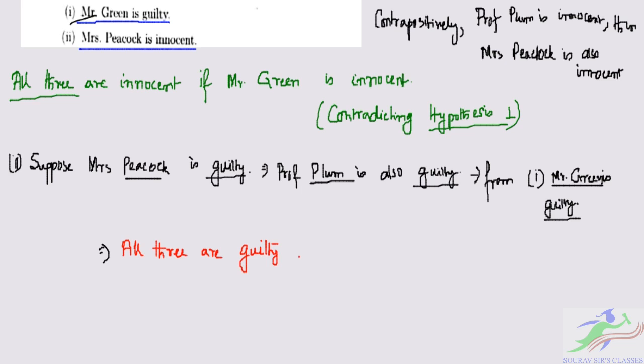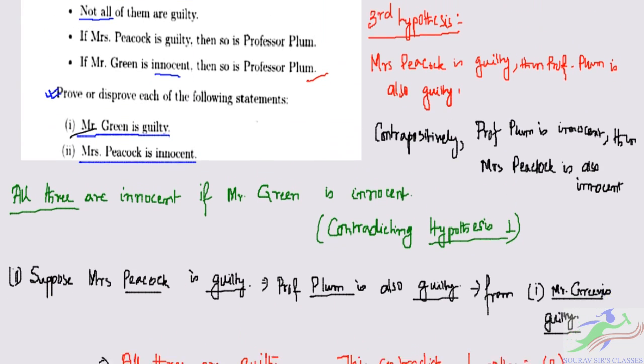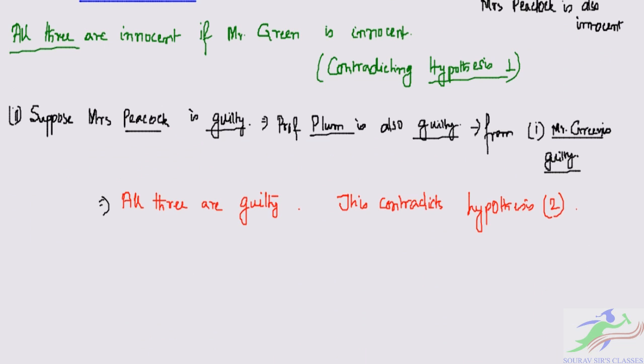So this contradicts our hypothesis number 2, that not all of them are guilty. So Mrs. Peacock is innocent.